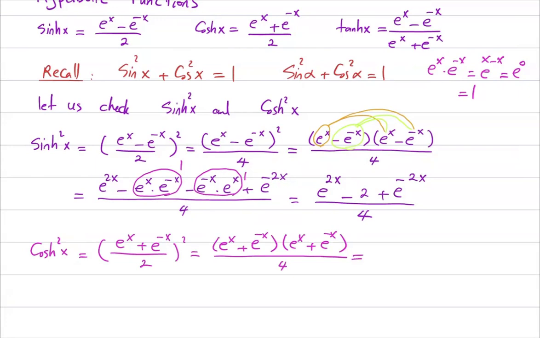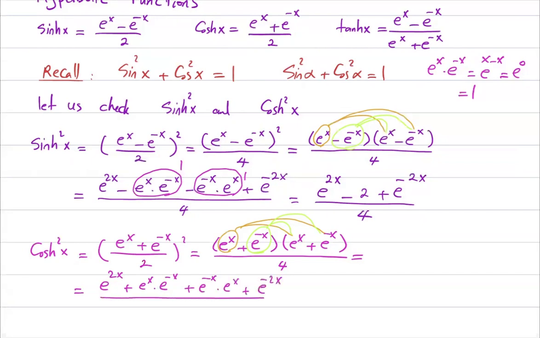Or as we saw before, we can just distribute e to the x into the parentheses. We can distribute e to the minus x into the parentheses here, and then what do we get? We get e to 2x plus e to the x times e to the minus x plus e to the minus x times e to the x plus e to the power negative 2x divided by 4.